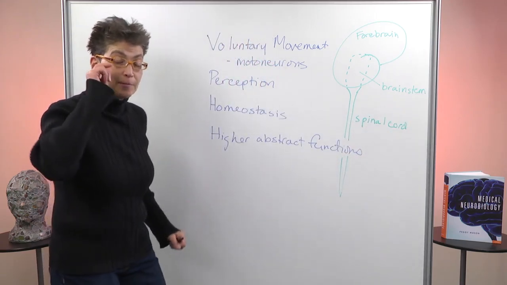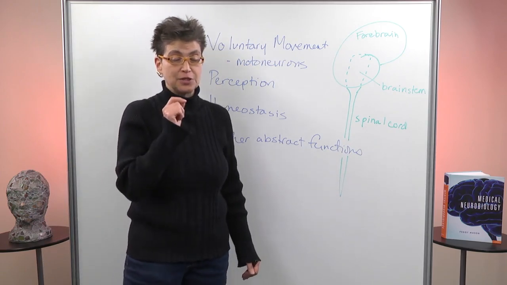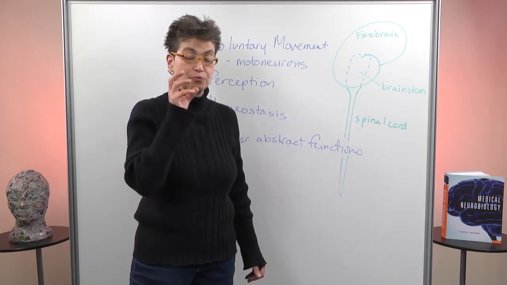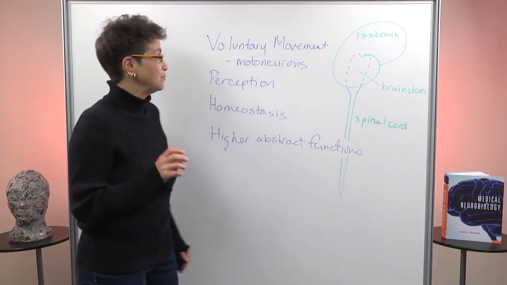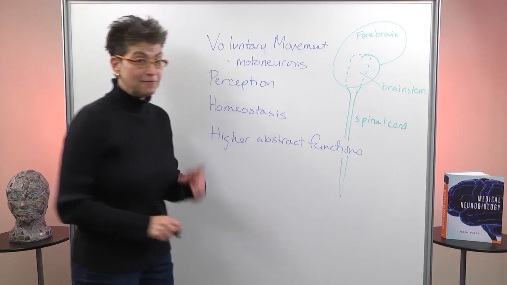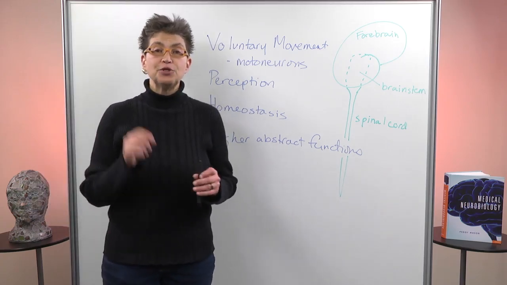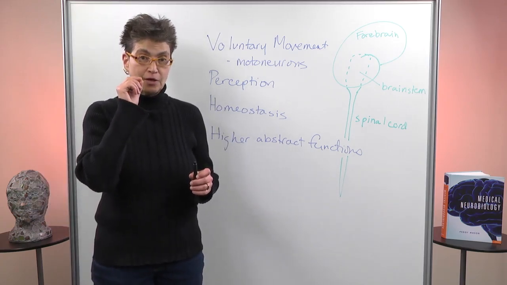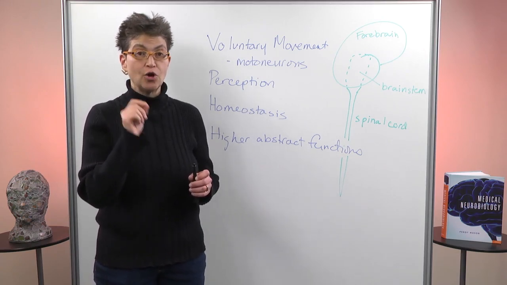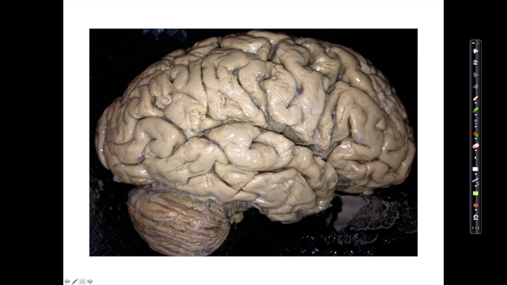Perception, remember, is the conscious perception of sensory inputs, the conscious appreciation of sensory inputs. And that depends entirely on the forebrain. In fact, it depends on the cerebral cortex.